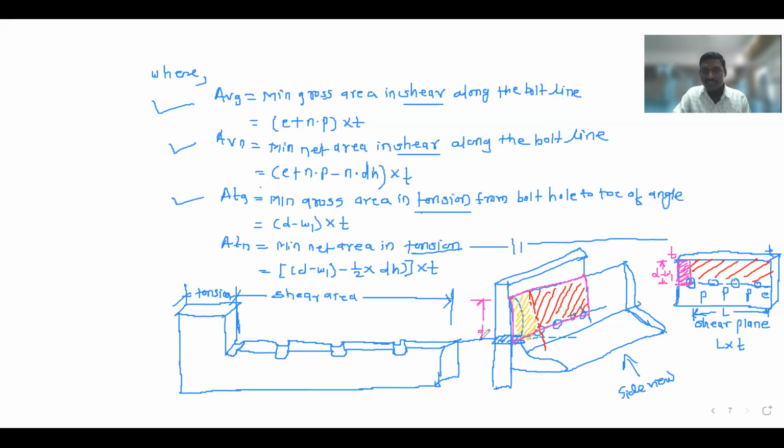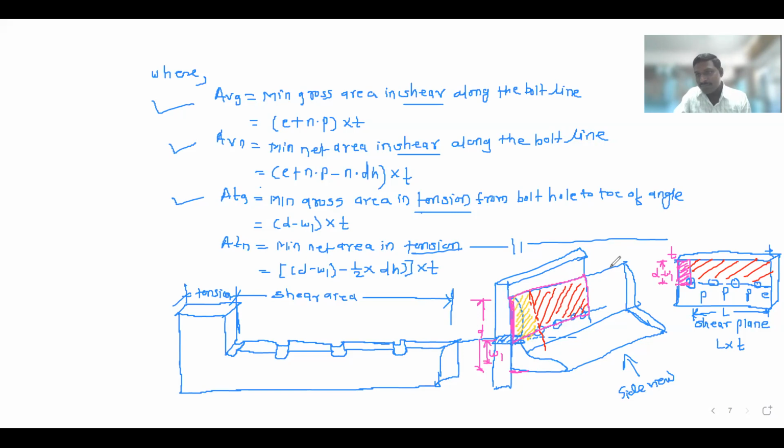This total is the D. बरोबर आहे? This is काय असते आपलं हे काय? W1. बरोबर आहे का? Total depth is D. सेंटरच्या बोल्ट पासून टो पर्यंत रूट पर्यंत डिस्टन्स W1. So how much is this distance? D minus W1. So see, ATG, D minus W1 into T.